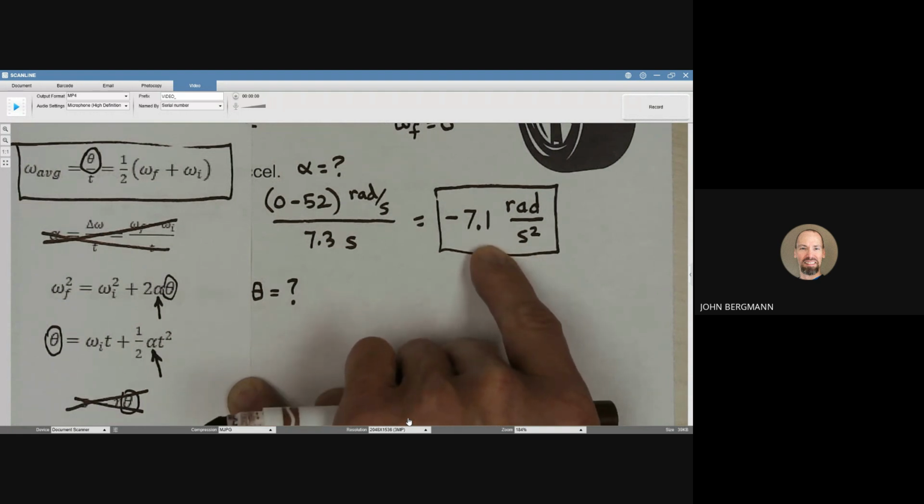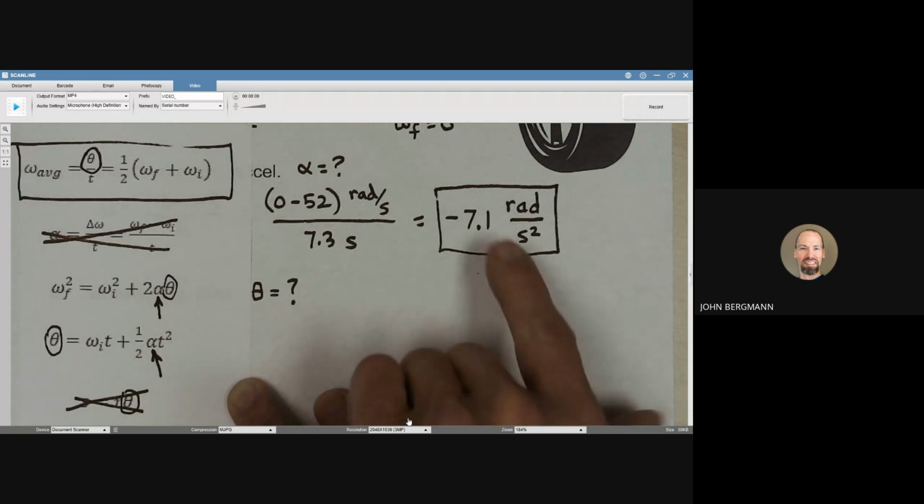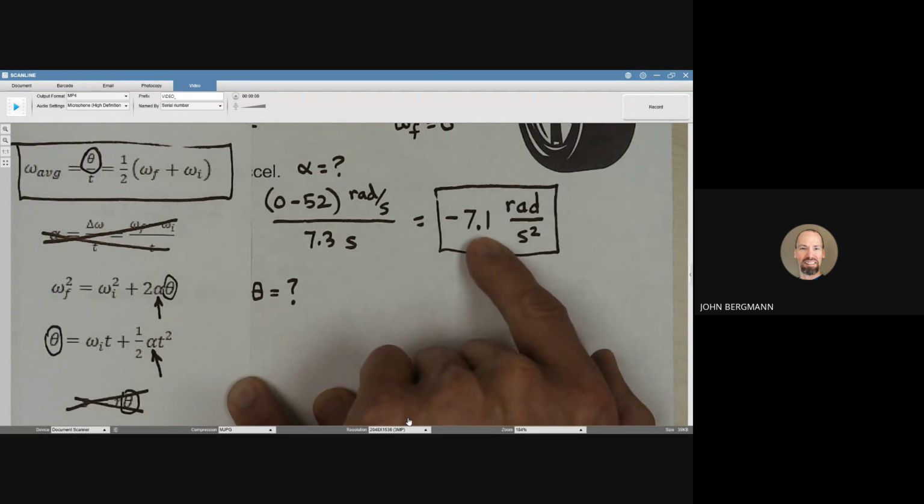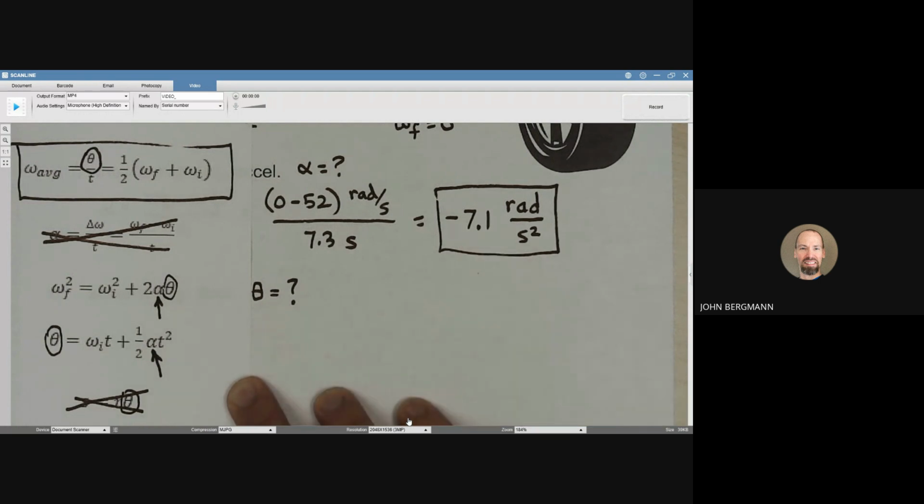And if we have somehow made a mistake calculating this negative 7.1, then our new answer will be wrong as well. Sometimes you can't get around that. Sometimes you have to use a previous answer to calculate something new, but here we don't have to.